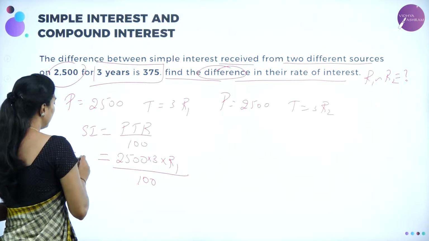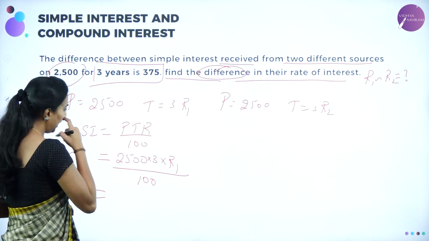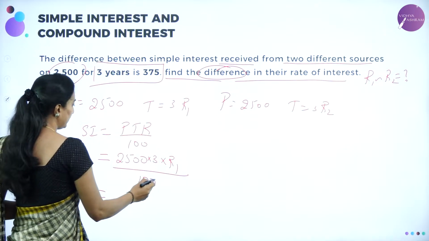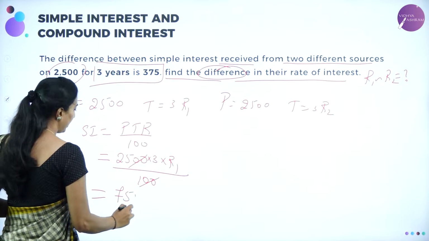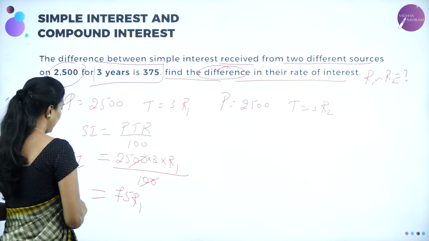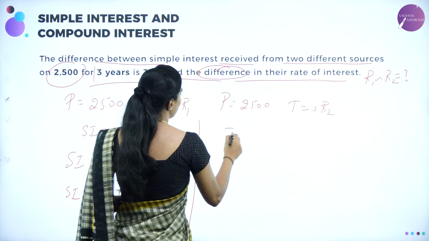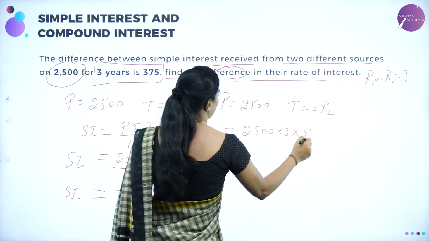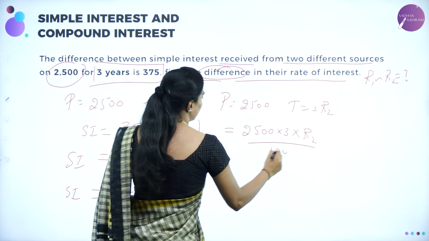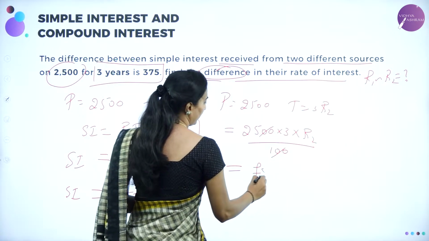So SI = 3R1, the 100 will get cancelled here. 25 3s are 75, so you are going to have 75R1. And then next we use the same formula, which will be 2500 into 3 into R2 divided by 100, which you are going to get the same way as 25 3s are 75, 75R2.